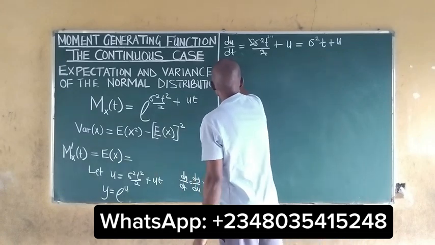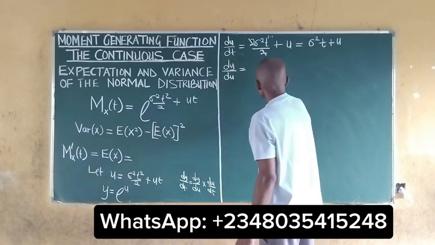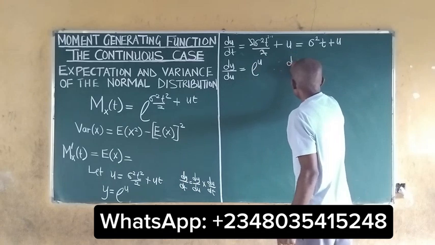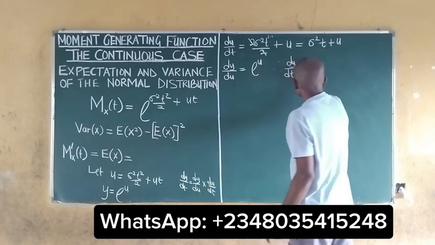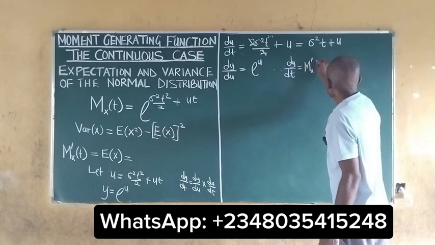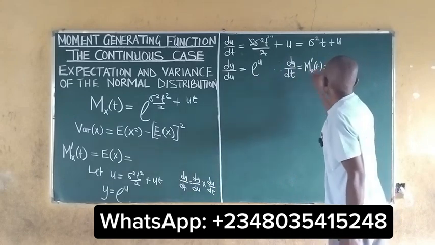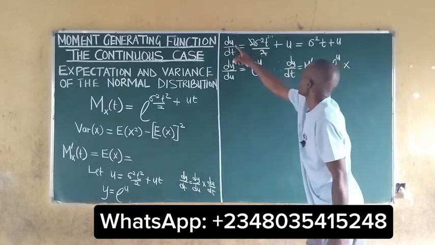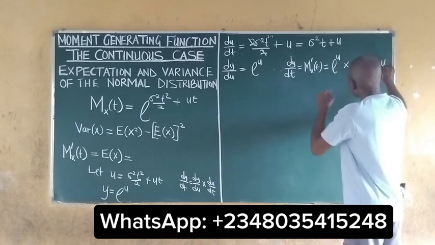Then we differentiate y with respect to u, which gives us this same function. That is to say, dy/dt, the first derivative, is equal to dy/du, which is e to the u, multiplied by du/dt, which is sigma squared t plus mu.